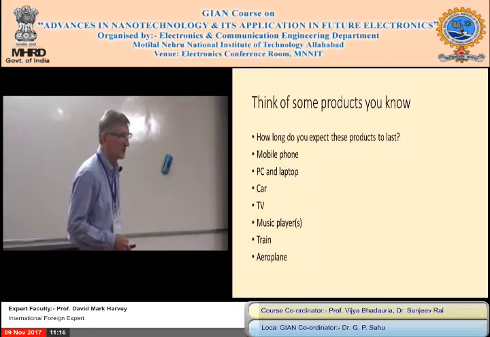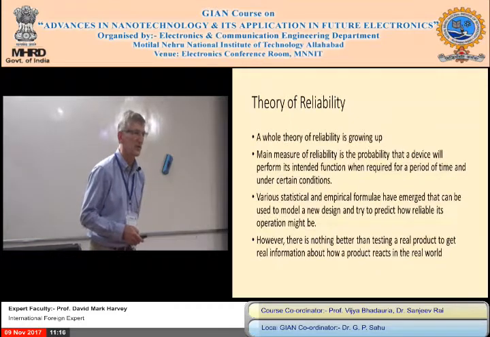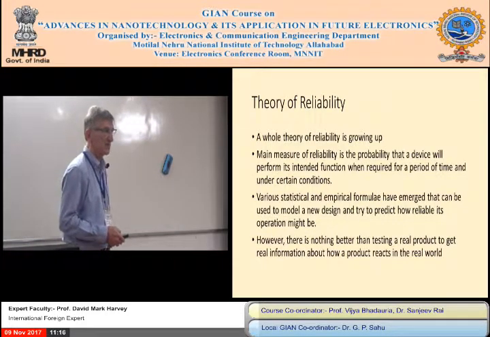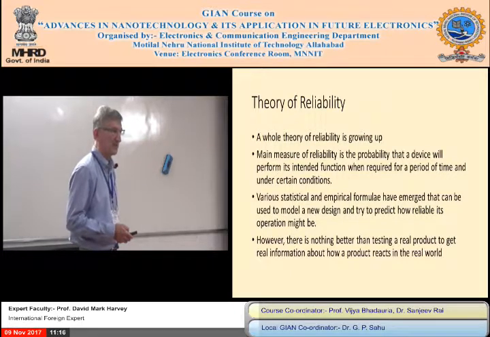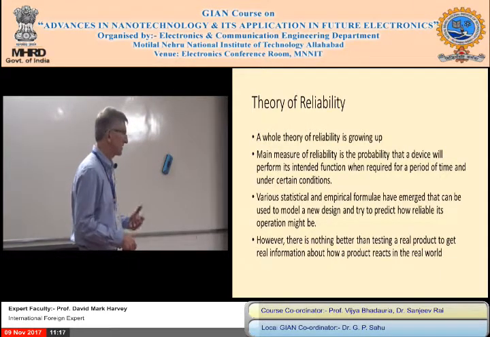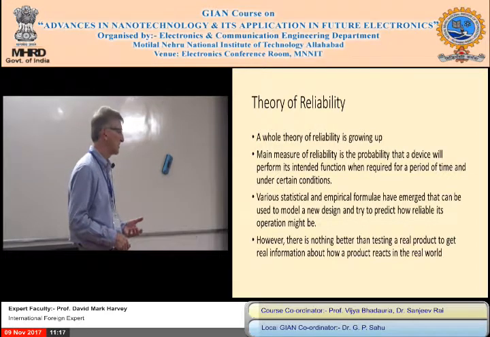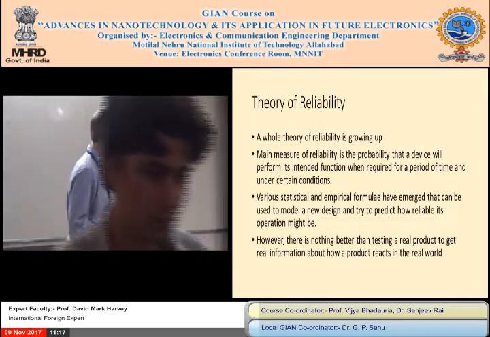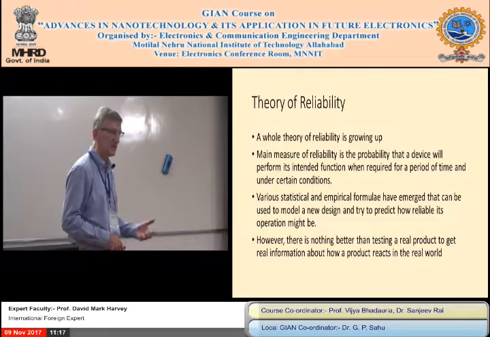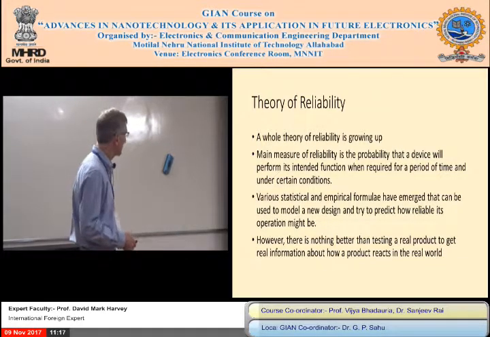So the theory of reliability, there's a lot of theory, though it's still growing. There's a lot of empirical formulae, which means the sort of rules of thumb and fiddle factors, as I call them, built in. So these statistical empirical formulae can predict or help predict how long a product might last, or you might validate it. But there's nothing better than testing it yourself to see how long it will actually last.